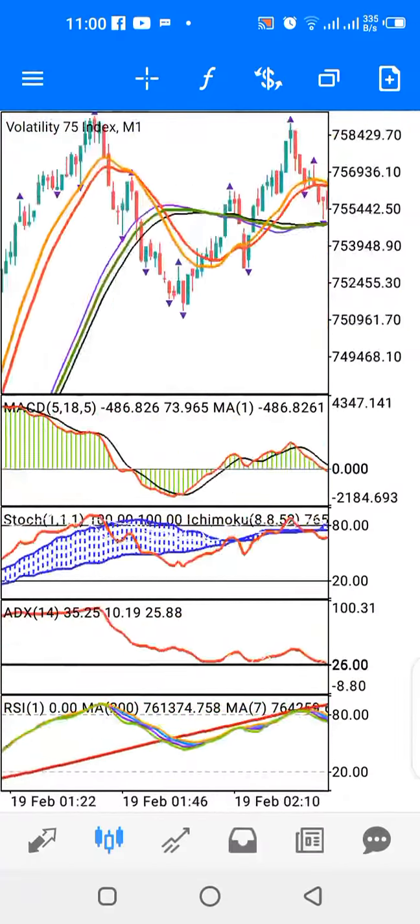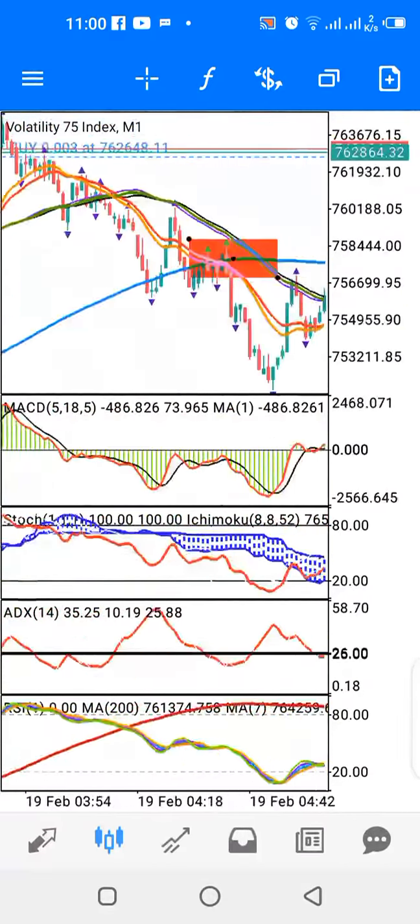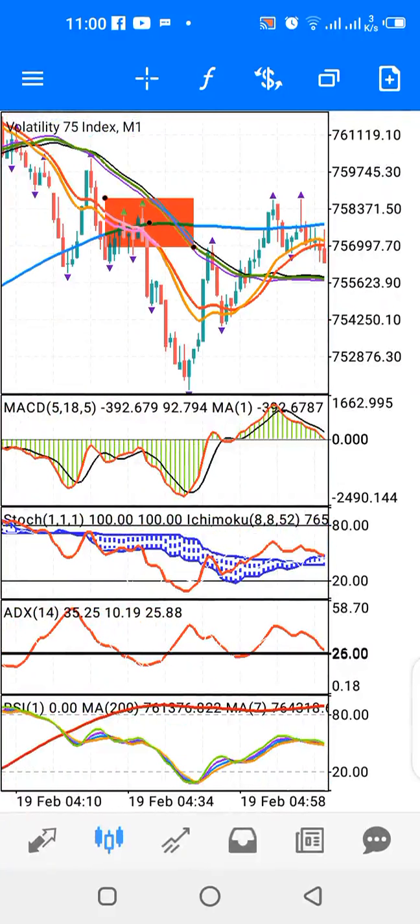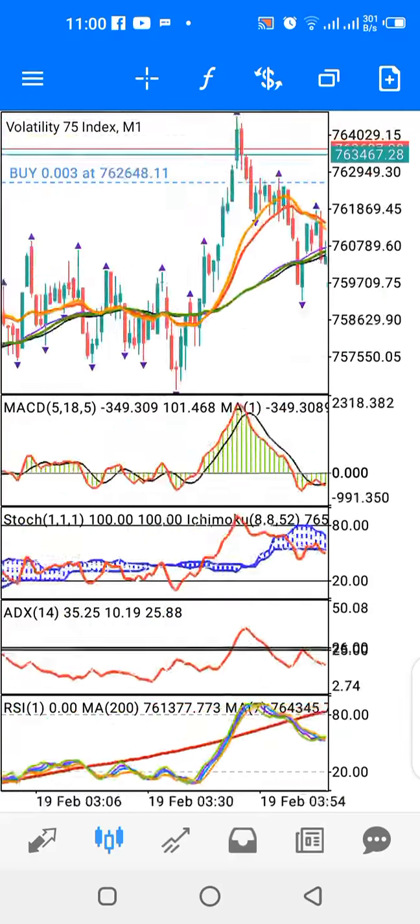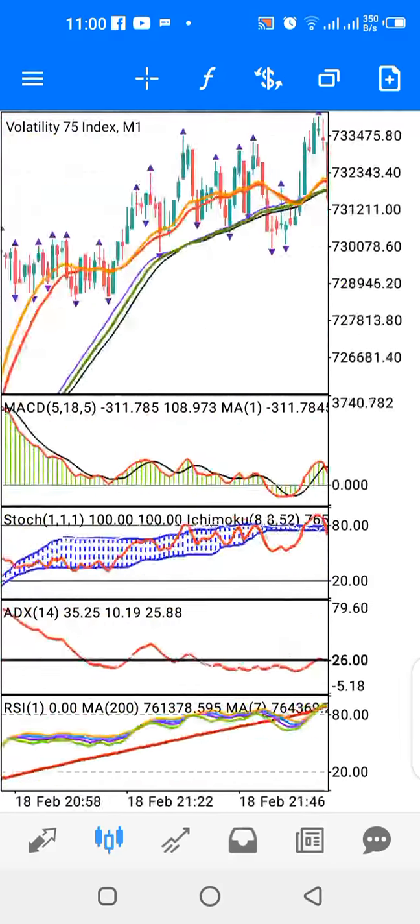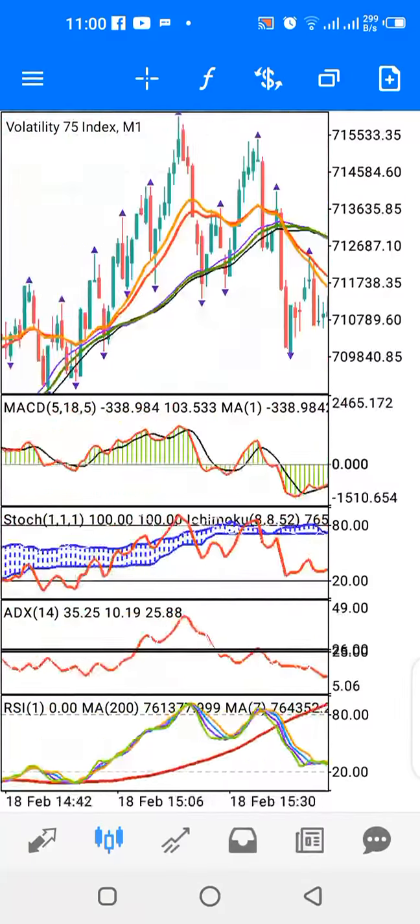Continue upward until it changes direction around here. Okay. So that's that for the trend change.